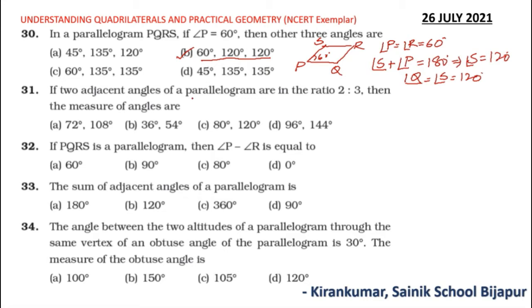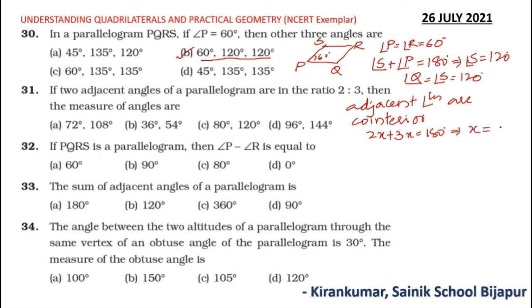Question 31. If two adjacent angles of a parallelogram are in the ratio 2:3, then the measure of angles are. Since we know that the adjacent angles are co-interior, 2x plus 3x is 180 degree.